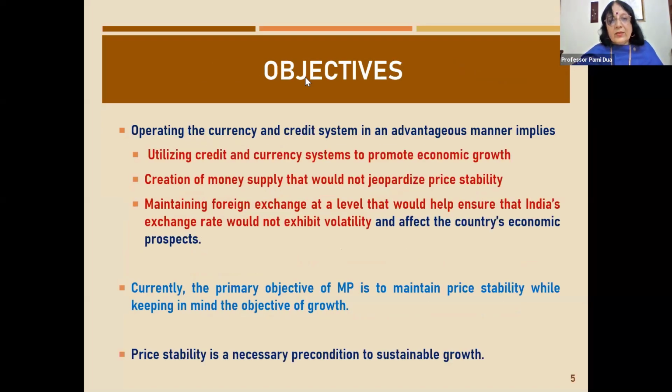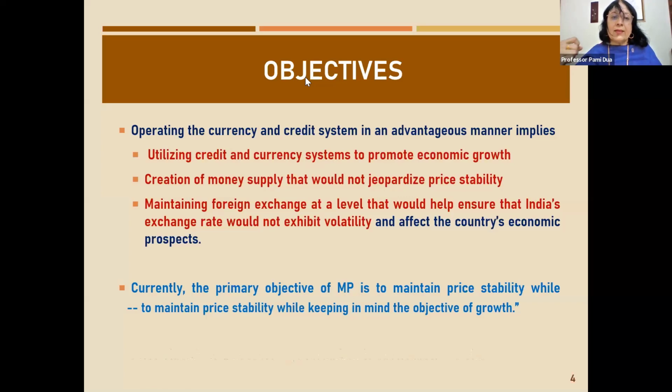Now if we talk about operating the currency and credit system in an advantageous manner, what do we mean? We mean that we have to utilize the credit and currency systems to promote economic growth. We have to create money supply such that this does not jeopardize price stability, and at the same time we have to maintain foreign exchange at a level that will help ensure that the exchange rate does not exhibit volatility.